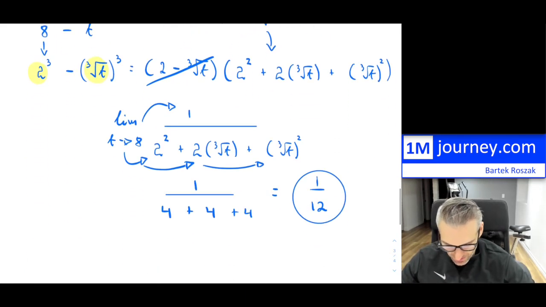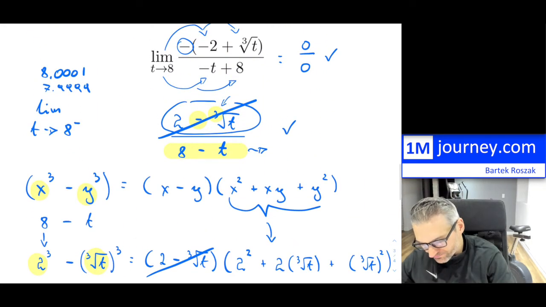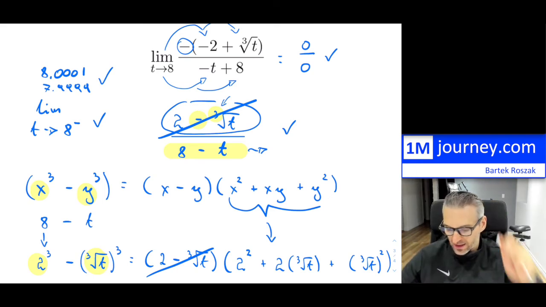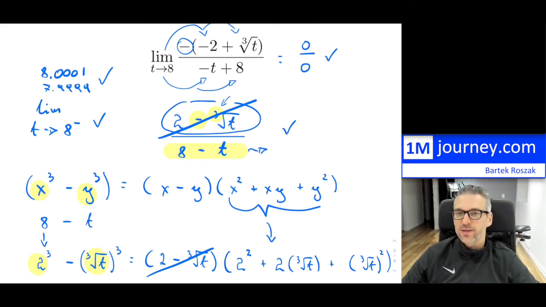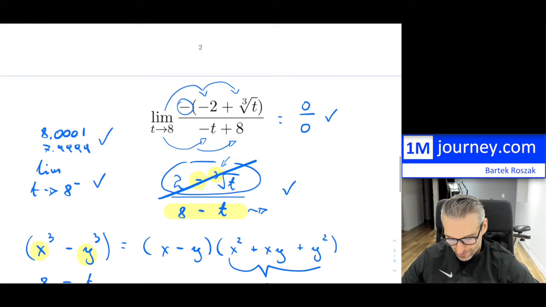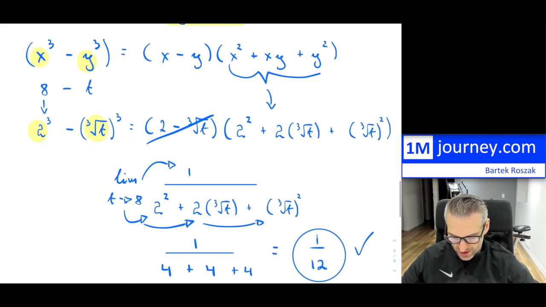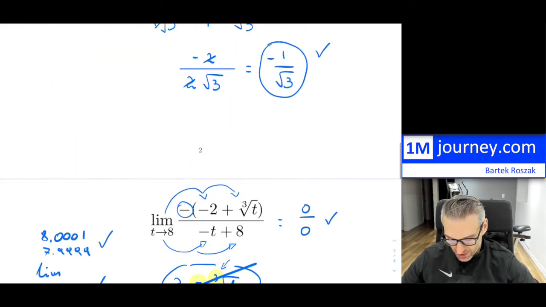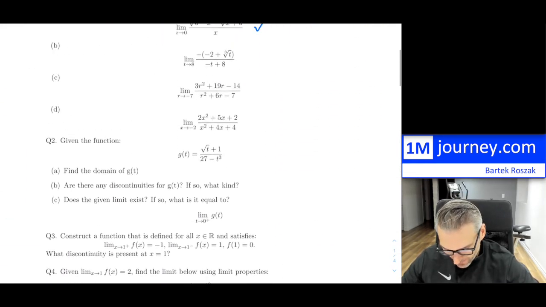Now, of course, this is much cleaner and super nice, but if you can't figure it out, at least it will tell the teacher that you understand limits and what you would have to do. And you can do a little bit of an explanation. I'm sure if the teacher is good and understands what you're doing, at least you'll get some marks. Maybe you won't get the full marks because they wanted you to actually show something like this, but at least you'll get something. So that's another example that we have in here.